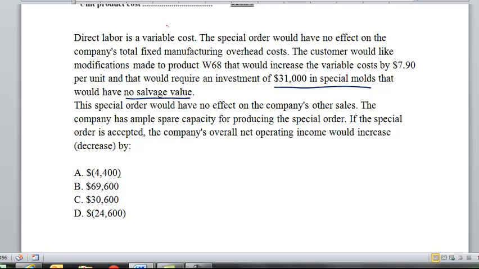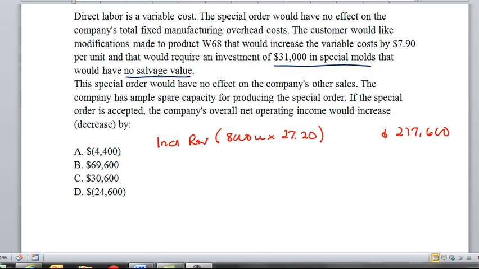So, what we want to know is what's going to be our incremental or new revenue, and that's going to be the 8,000 units times the $27.20. So that's going to be 217,600. Then I'm going to reduce it by the differences in my expenses.